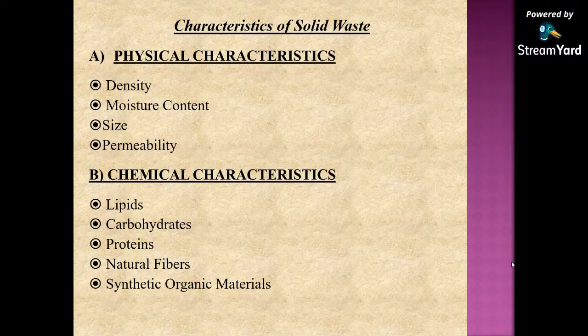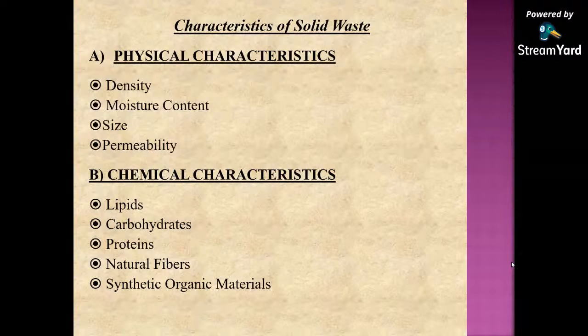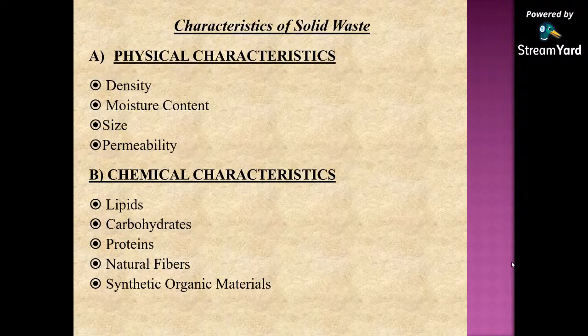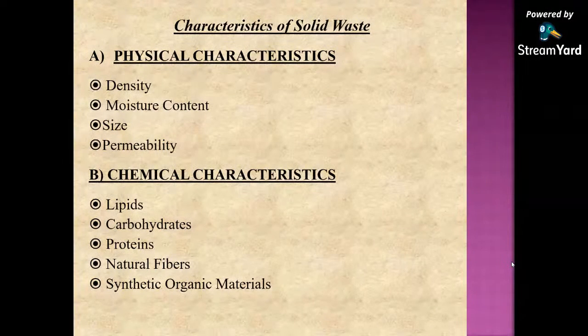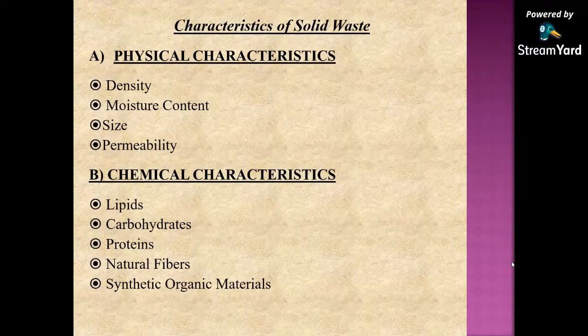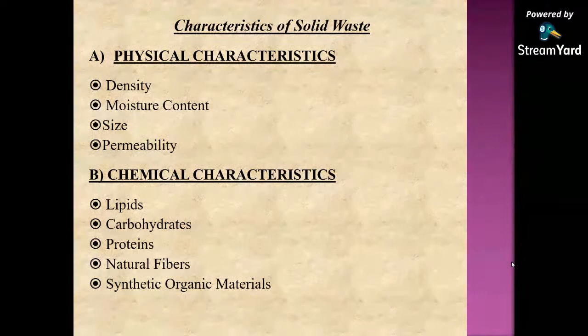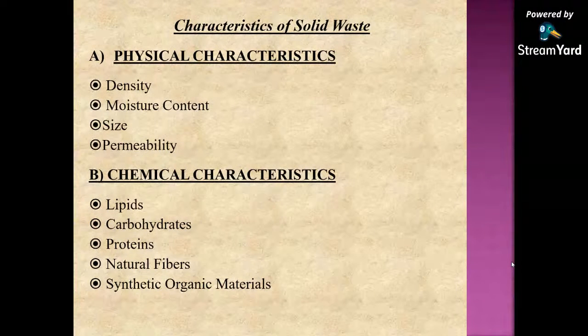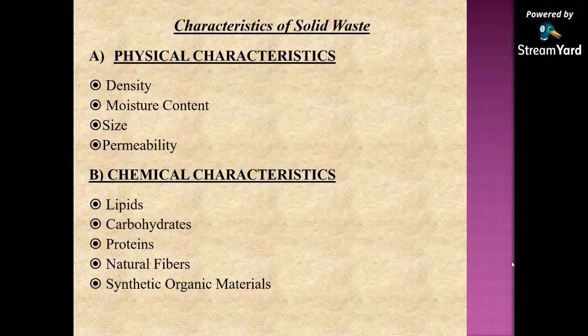These are included in the class of fats, oils and grease. The principal source of lipids in garbage is cooking oil and fats. Lipids have high heat values, about 38,000 kilojoules per kilogram, which makes waste with very high lipid content suitable for energy recovery.